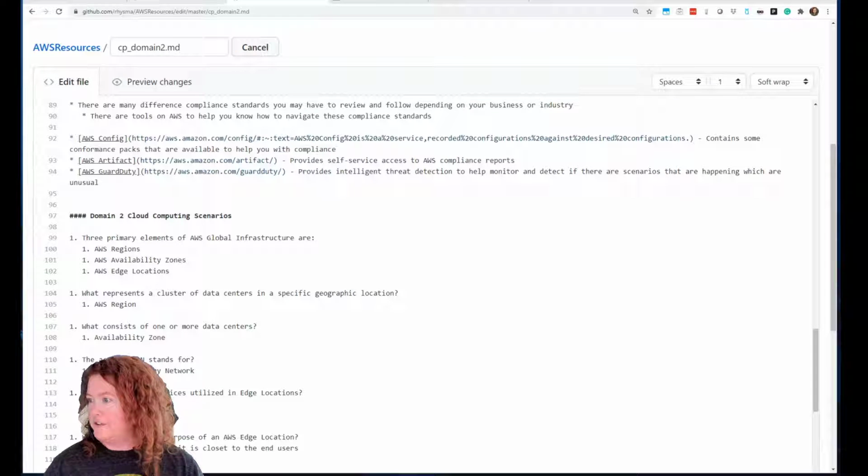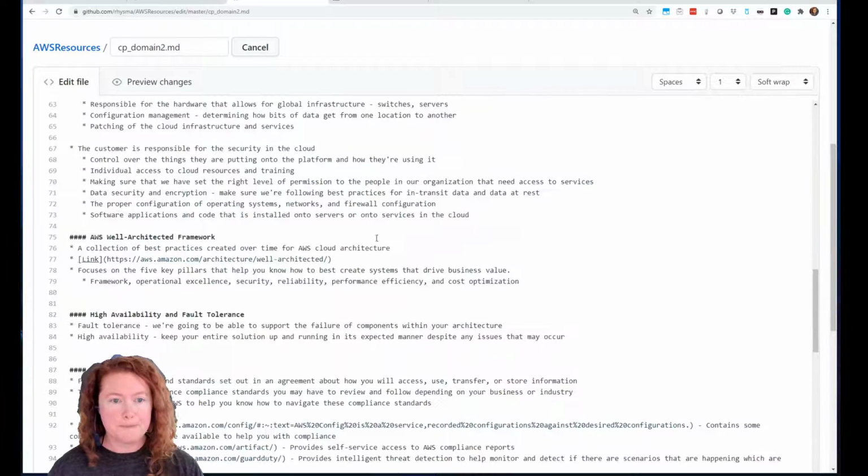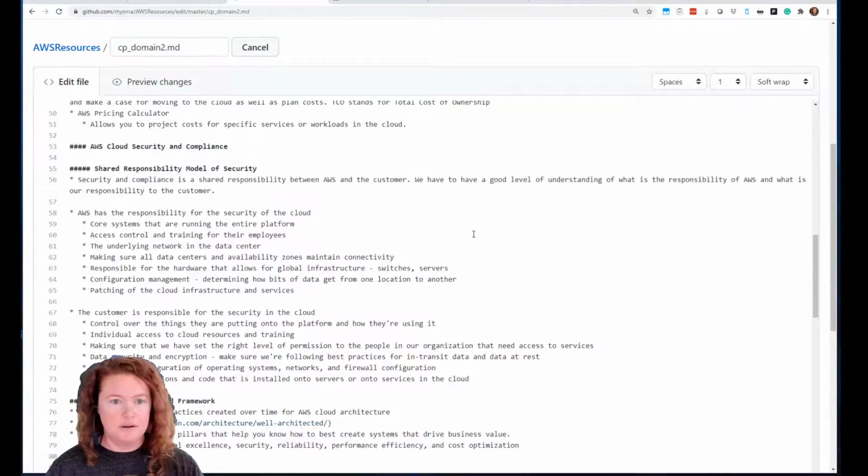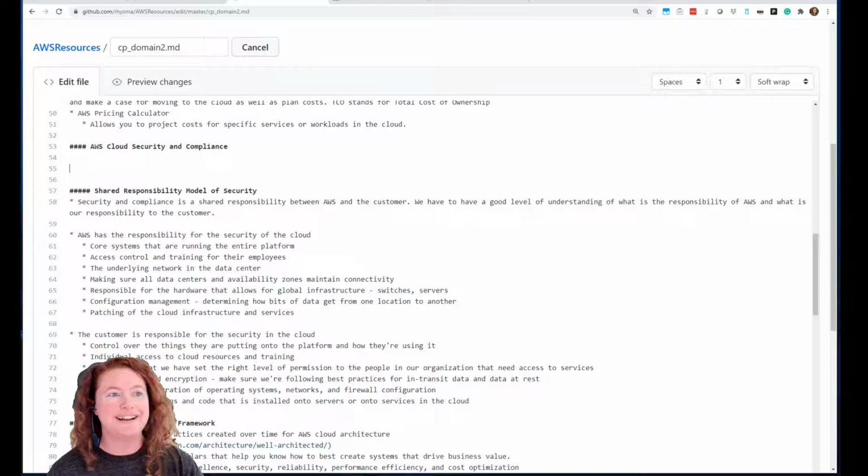Oh, there's actually a couple of links I do want to stick in here. Aha. Alright, there were a couple other things about compliance that I do want to make sure and stick in this document.